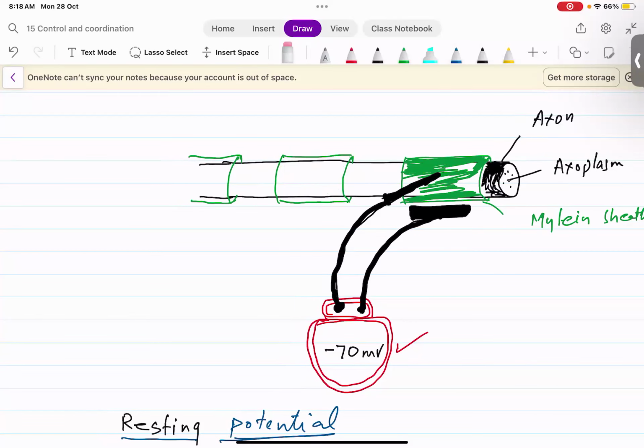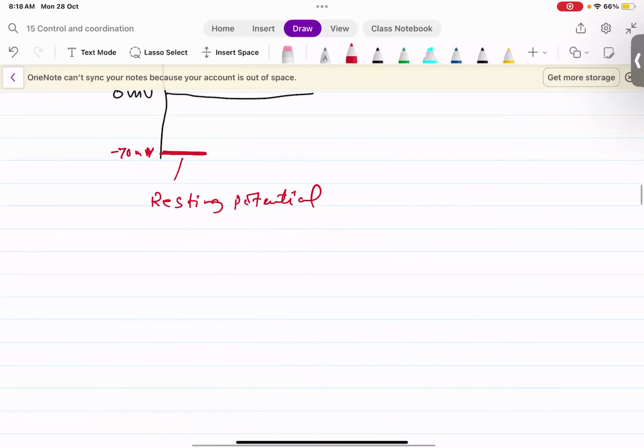So how does it become negatively charged on the inside and positively charged on the outside? How is this resting potential maintained?